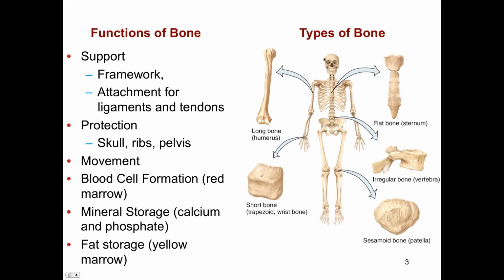The other thing is the types of bone, and when it talks about that, it's actually talking about these characteristic shapes. And I'd like you to kind of know examples of each of these bones. The one that's not on here, and I put it in my notes, are sutural bones, right? So we'll talk about it later, but with your skull, when you're a baby, you know that infants' skulls are soft, right?